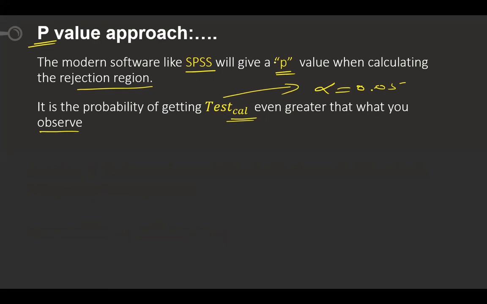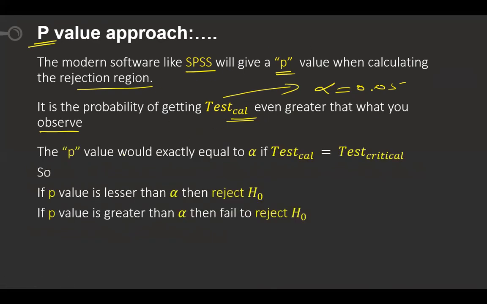Now, what if there is a p-value given? If the p-value is exactly equal to alpha, for example, when the t calculated value is equal to the t critical value from the table, it is equal to alpha. Now if p value is less than alpha, we reject H naught. If p value is greater than alpha, then we fail to reject H naught.